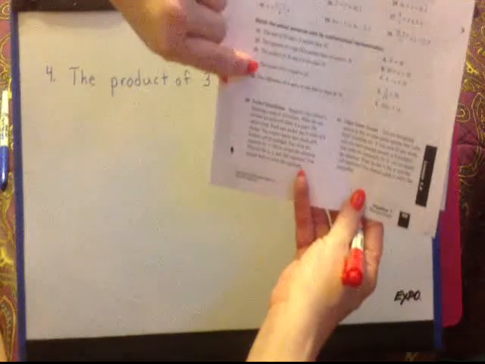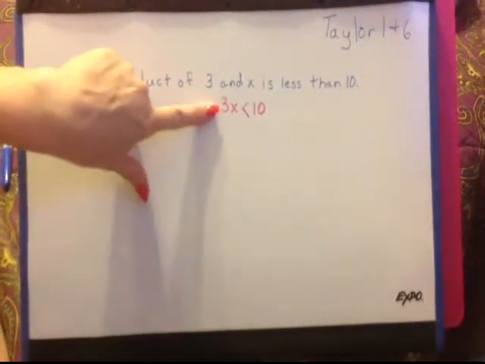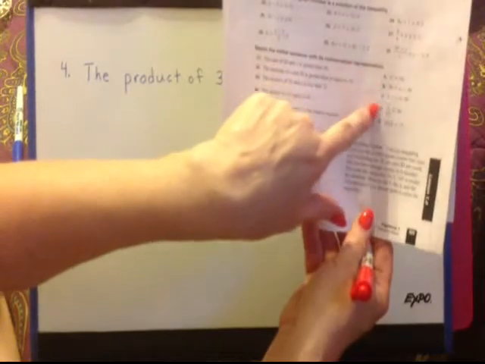Product, multiplication. Square means you multiply something times itself, and difference is the answer from subtraction. So you need to rewrite these like this and then figure out which one of these it is.